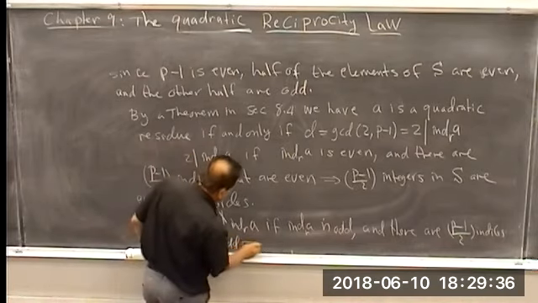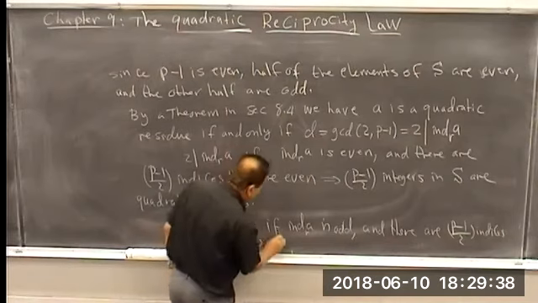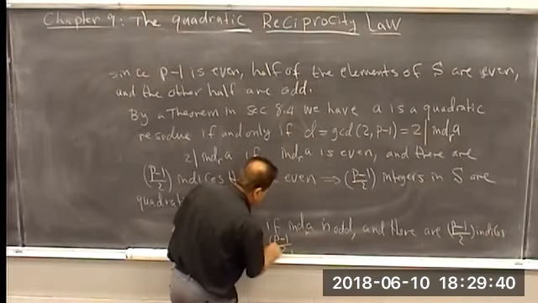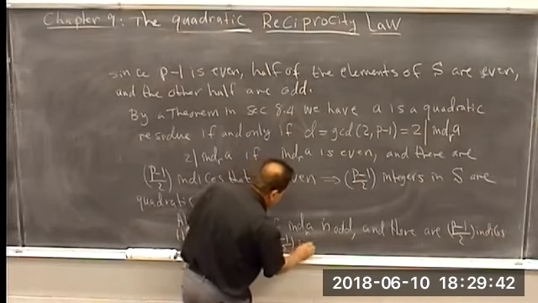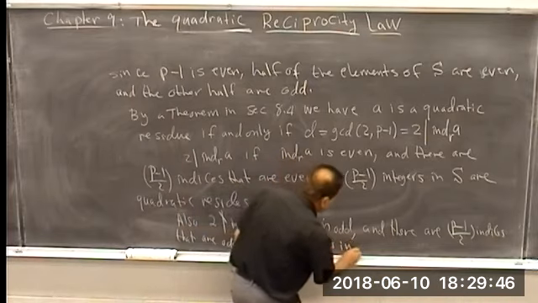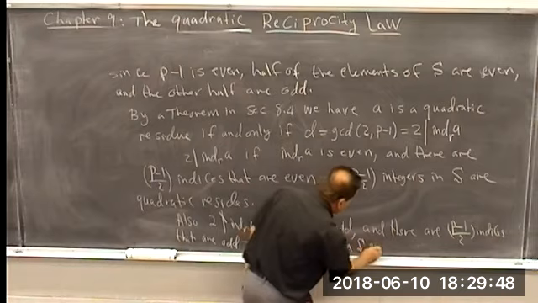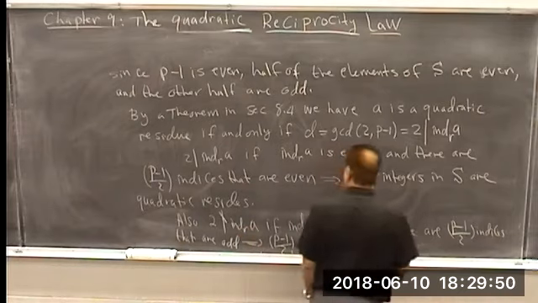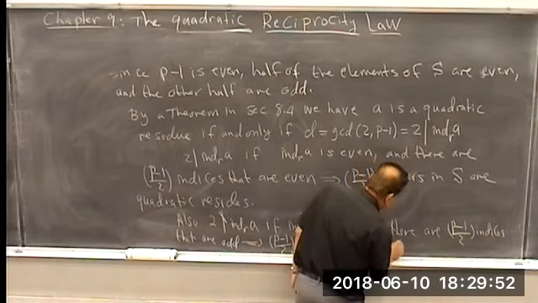This implies that (p minus 1) over 2 integers in S are quadratic non-residues.